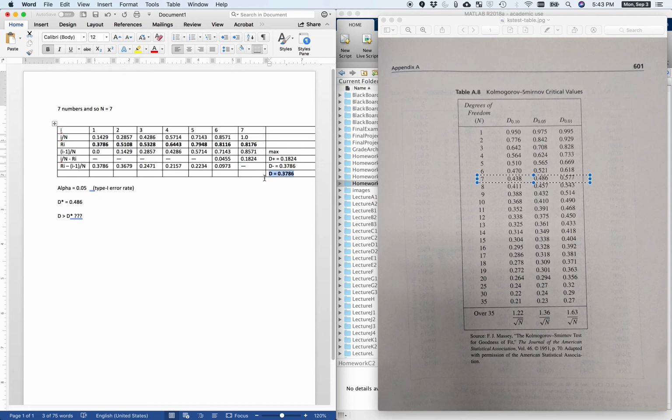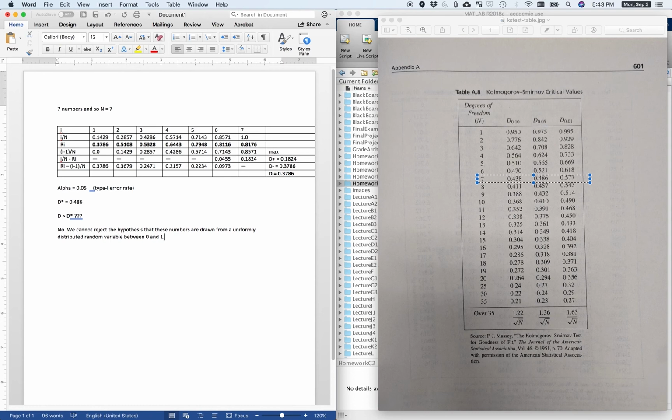Is my test statistic greater than the critical value? No. Just like before, we cannot reject the hypothesis that these numbers are drawn from a uniformly distributed random variable between 0 and 1.